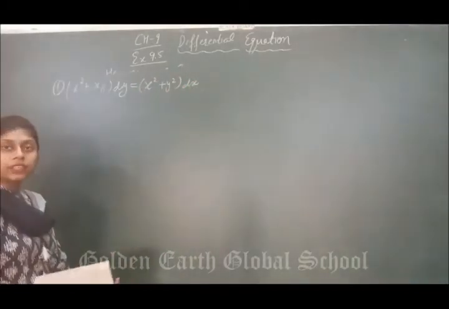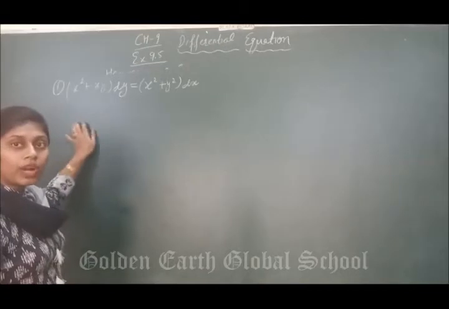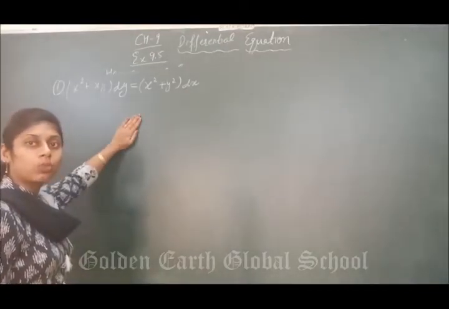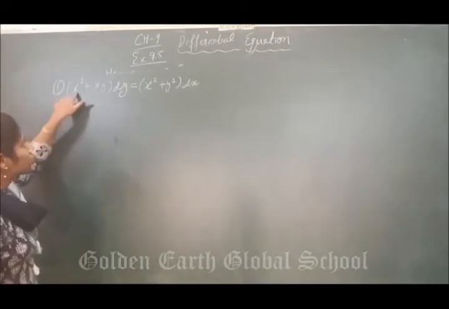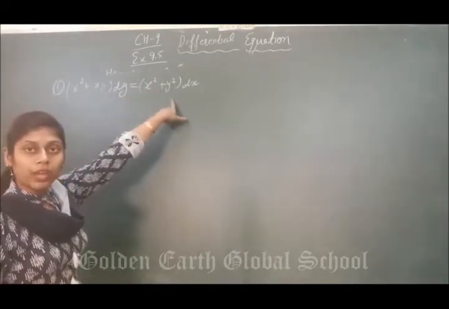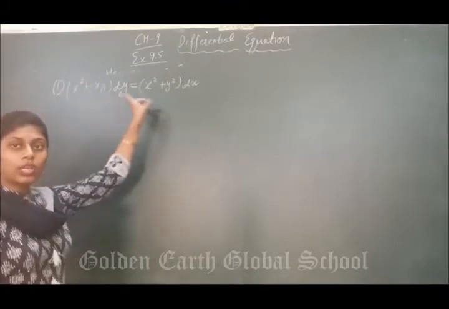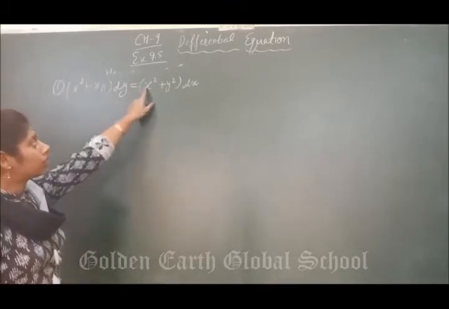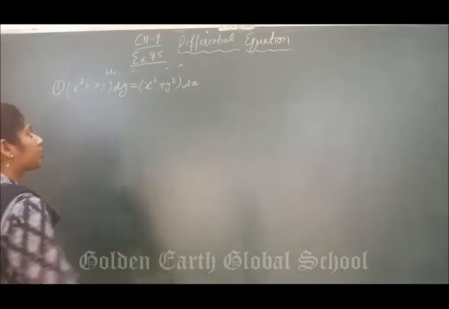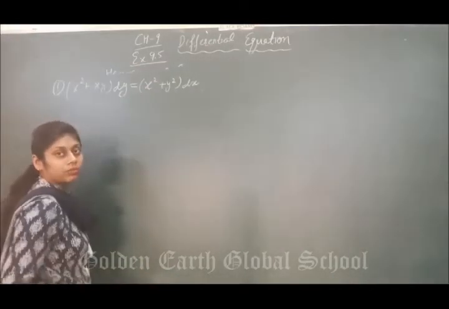First of all, you have to check whether you can separate the variables or not. If you can't separate the variables, then move to the next type, that is homogeneous. See, the degree is 2: 1 plus 1 is 2, x raised to power 2, y power 2. So the whole equation is of power 2. So this is known as a homogeneous differential equation because it contains derivative terms.